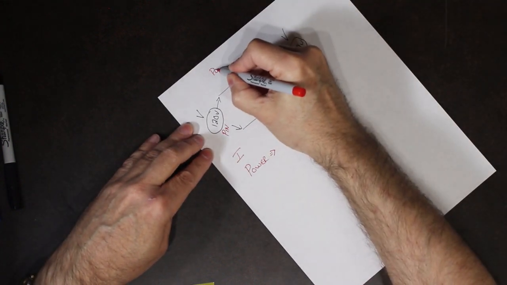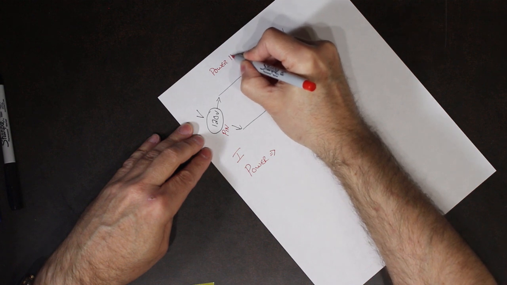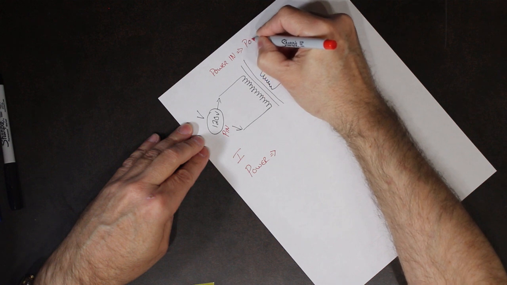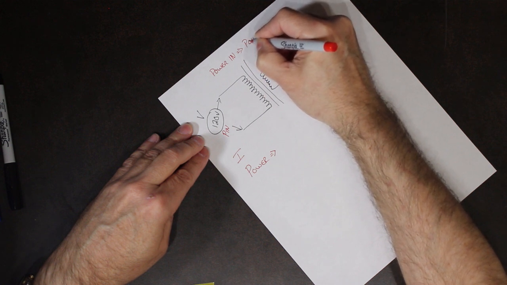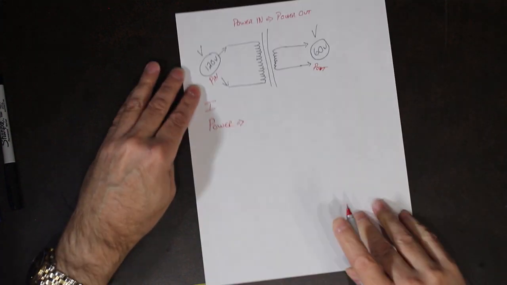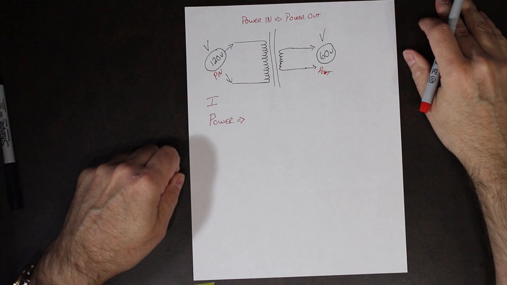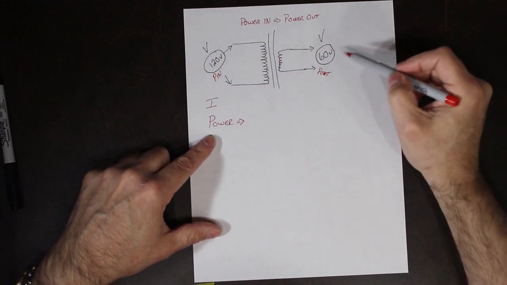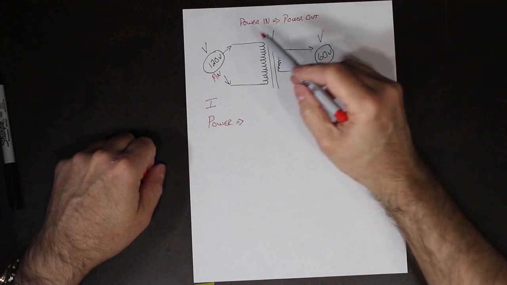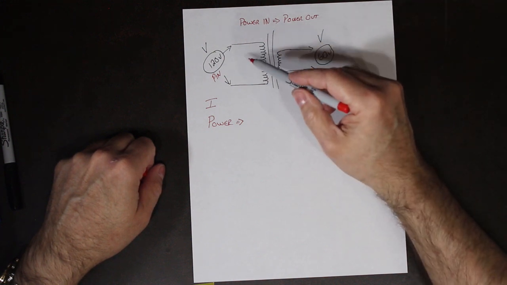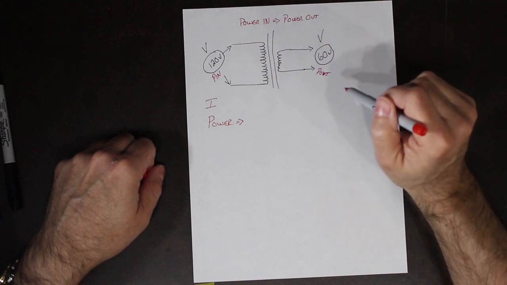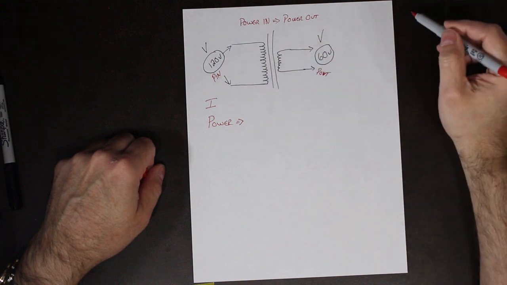So power in a transformer is equal to the power out. Power in is equal to power out. But the voltages have changed. If power is not created nor destroyed and must remain the same in both, so power in equals power out, the voltage has changed.